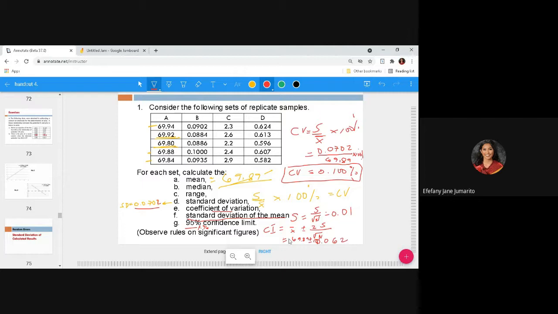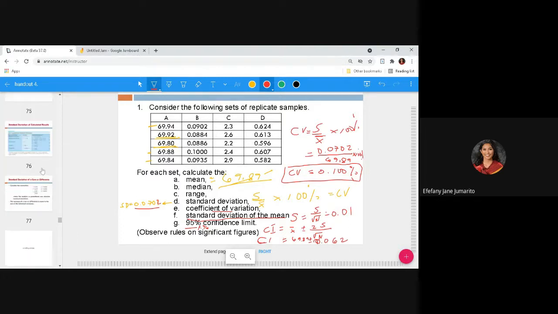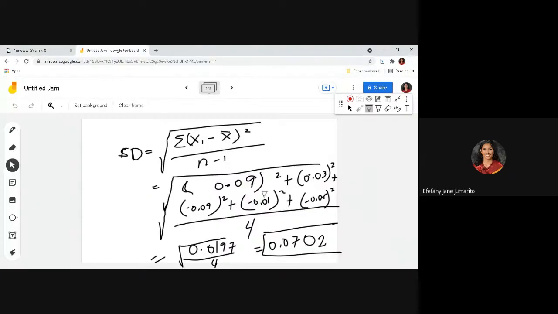Okay, so this will be CI is 69.89 plus and minus 0.062. Okay, so that's it. You understood this, class. You have the value, then subtract it from your mean.